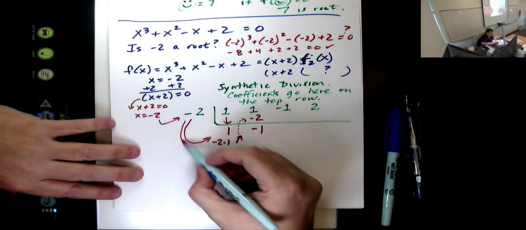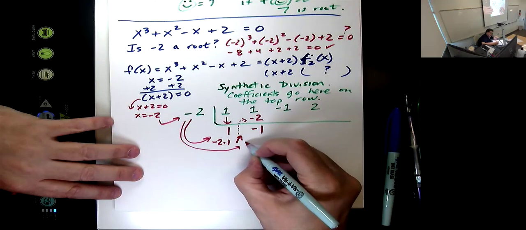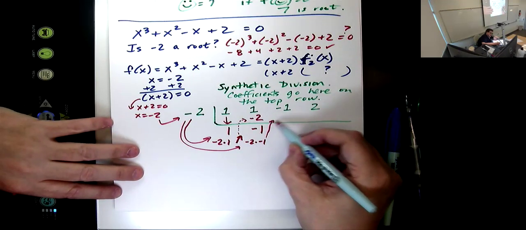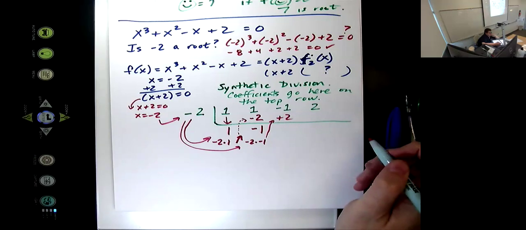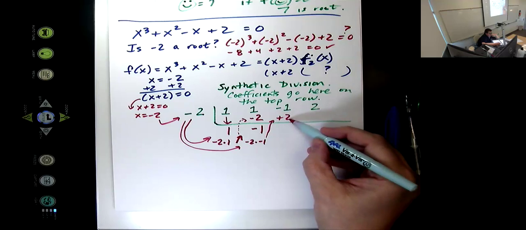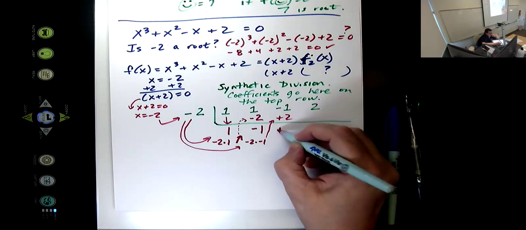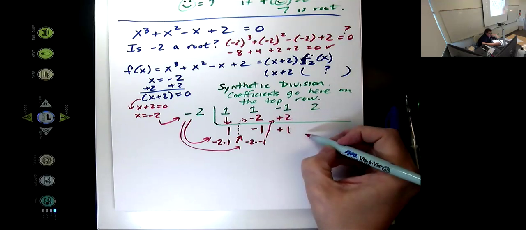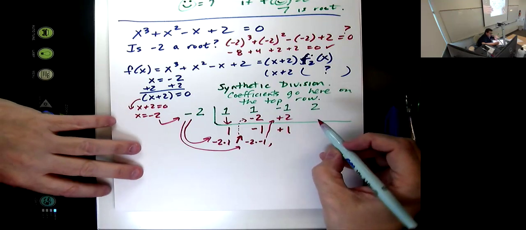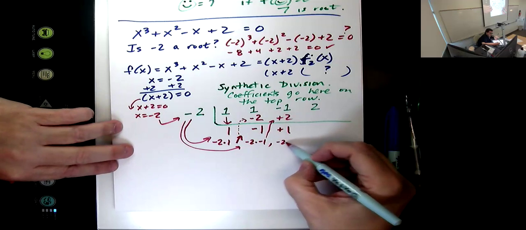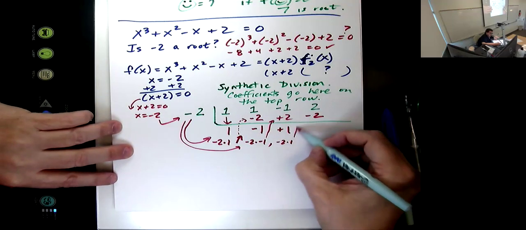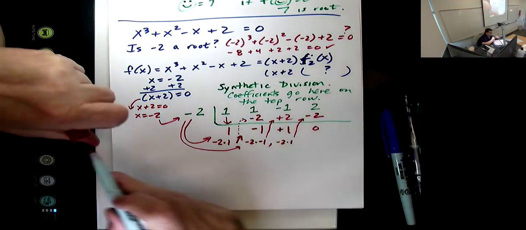Then I do the multiplication again: -2 times -1 is +2. And I add: -1 plus 2 is +1. And I keep doing this. -2 times 1 is -2. I put that here, and I add and I get a 0.